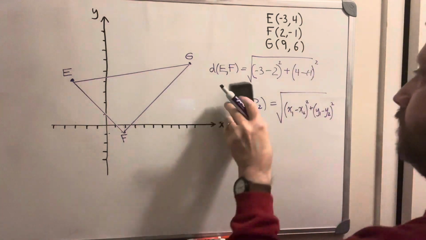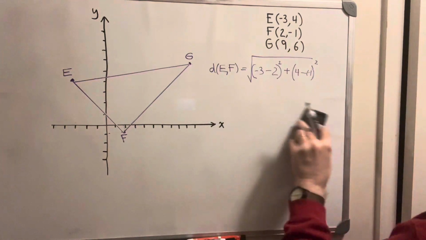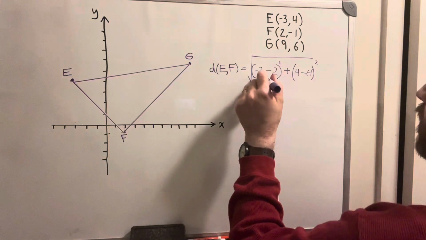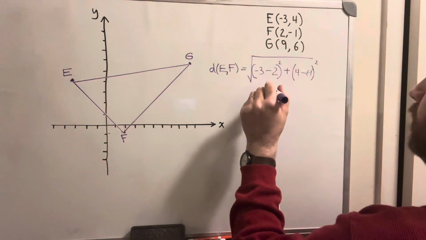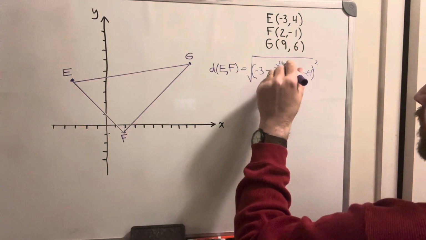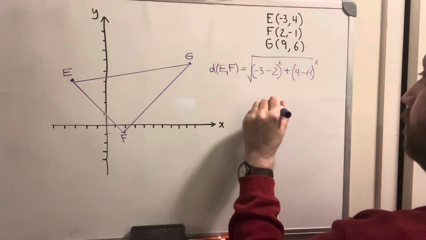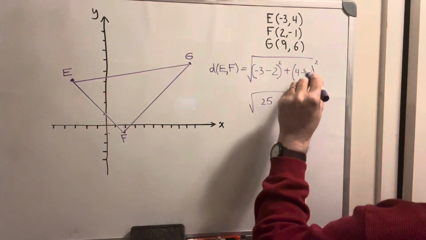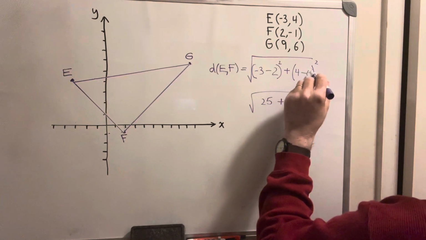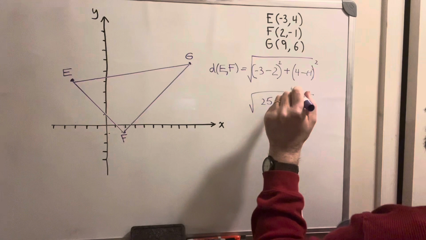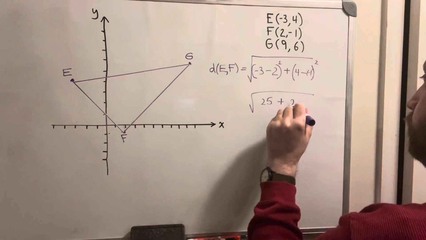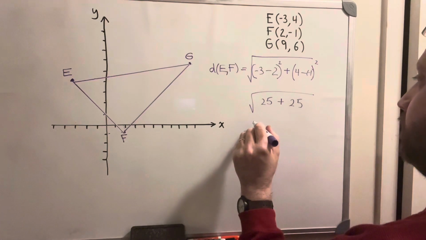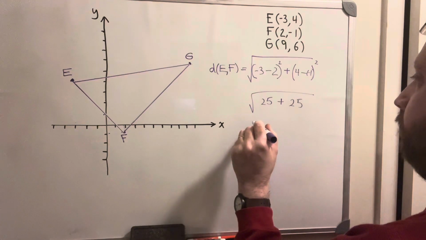Okay. So -3 minus 2 is -5. And -5 squared is 25. And 4 minus -1 is 5. 5 squared is 25. So the distance is the square root of 50.